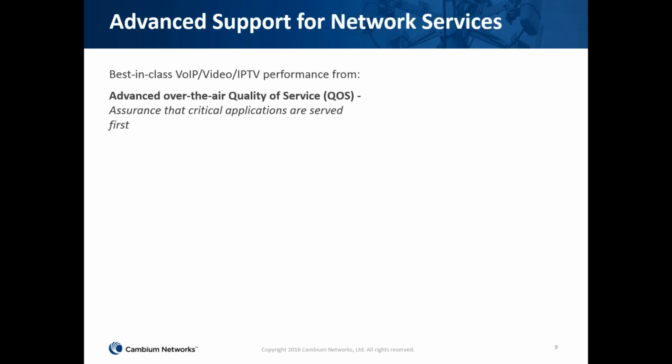How we specifically address these applications in ePMP technology is we have over-the-air QoS, and we have 3 distinct queues, one of which is purpose-built for voice over IP traffic. So we deliver very jitter-free voice over IP traffic, which over wireless connections, even cellular connections, is still a challenge.